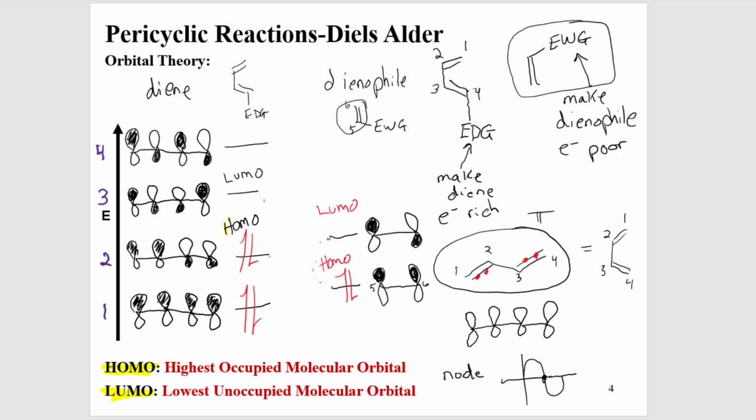So we're going to take each of these and make new molecular orbitals so that we can do this Diels-Alder reaction. We're going to react the HOMO and the LUMO, a filled with an unfilled. When you look at the phases, you want to see if the phases align so that the reaction is allowed. If the phases don't align, then this HOMO-LUMO combo can never work. We're going to have to do something different.